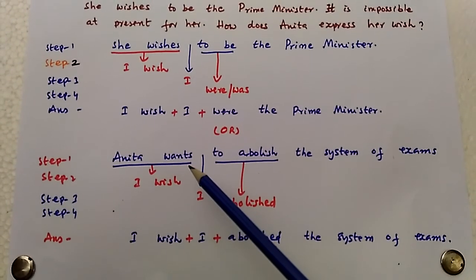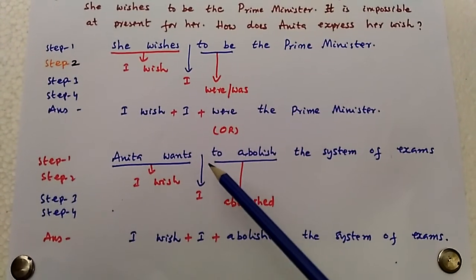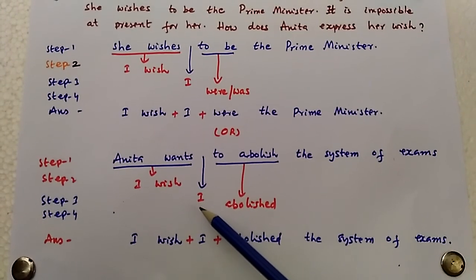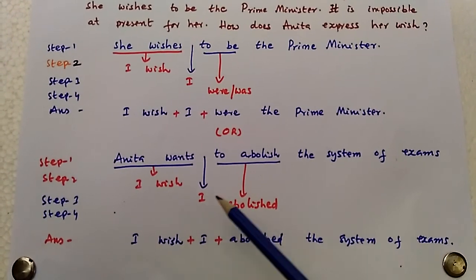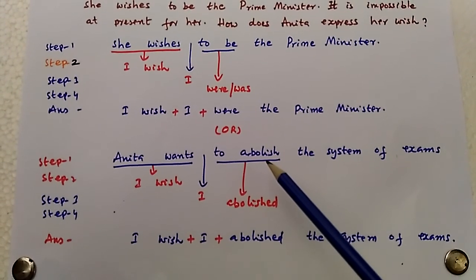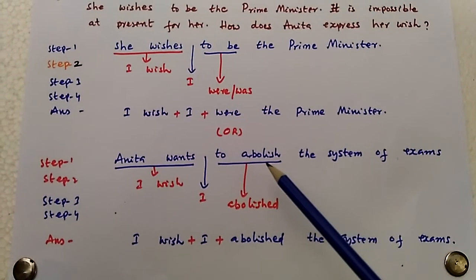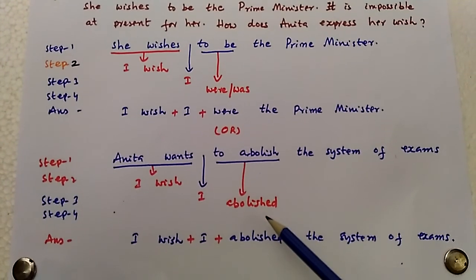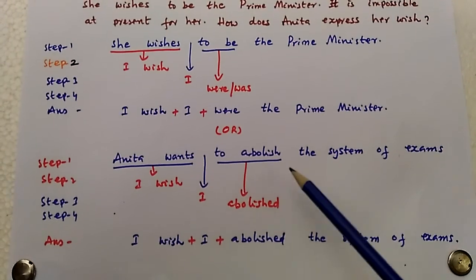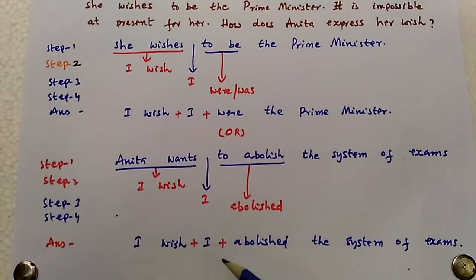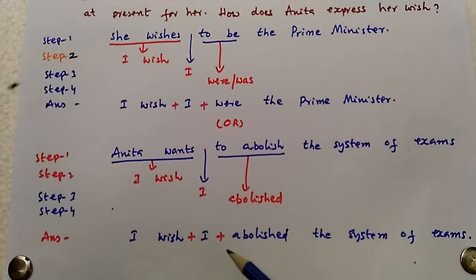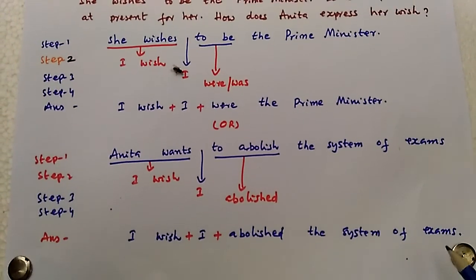And then between wants and to there is no subject. So we have to write as subject I. And another step is that 2 plus verb infinitive, that is verb 1 form is to be removed. There we have to write the verb 2 form of it. So to abolish became abolished. So by doing these changes we get the answer I wish I abolished the system of exams.